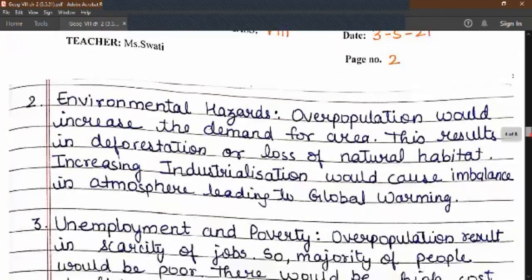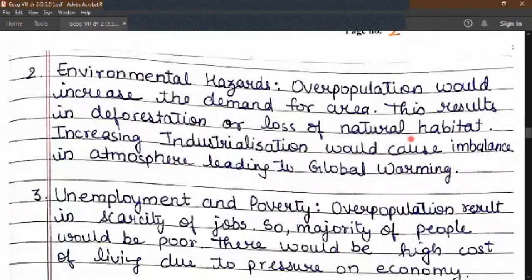is the environmental hazards. Overpopulation would increase the demand for area. This results in deforestation or loss of natural habitat. Increasing industrialization would cause imbalance in atmosphere leading to global warming.